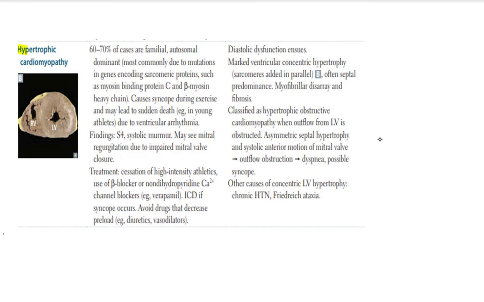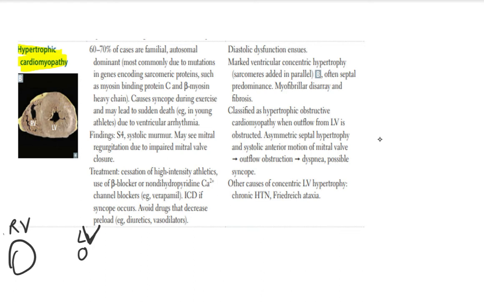Hypertrophic cardiomyopathy is a type of autosomal dominant disease in which sarcomeric proteins such as myosin binding protein C and beta myosin heavy chain are defective. And so here we have the lumen of the right ventricle, and here we have the lumen of the left ventricle.